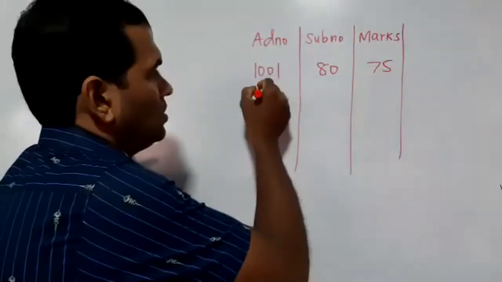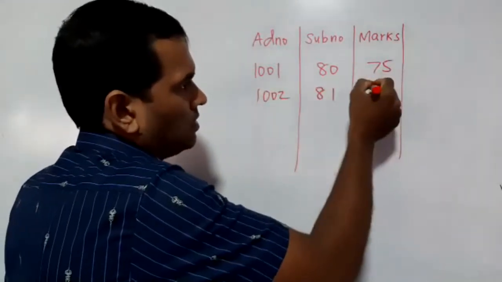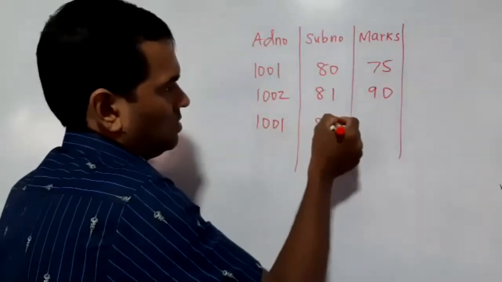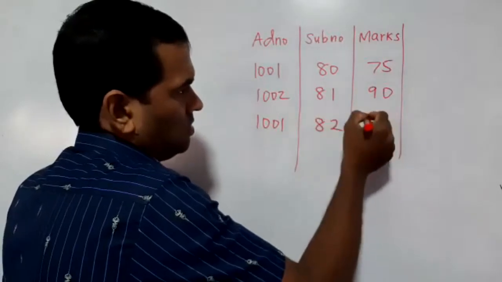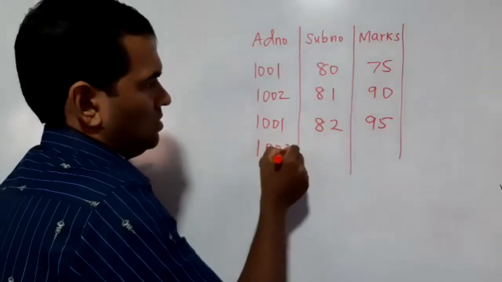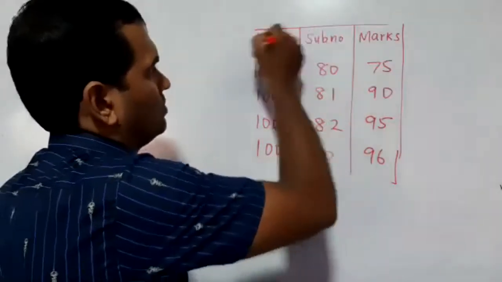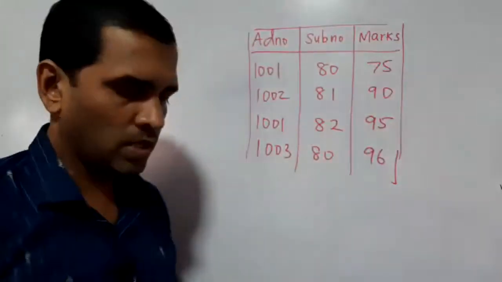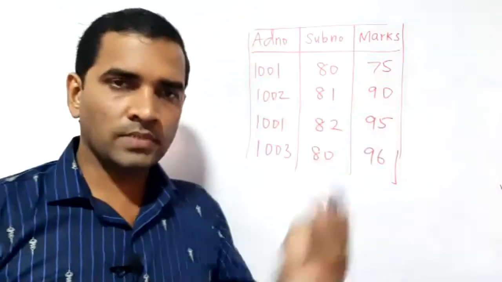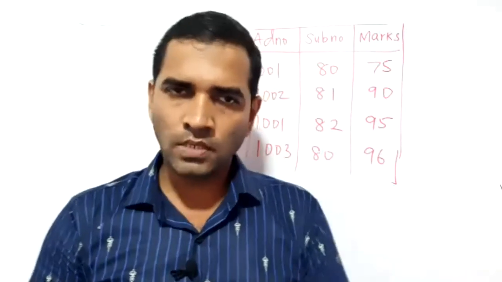So we have another student, another subject number, marks. So this is the table for storing students' marks. That's why we have inserted admission numbers, subject numbers, and marks.